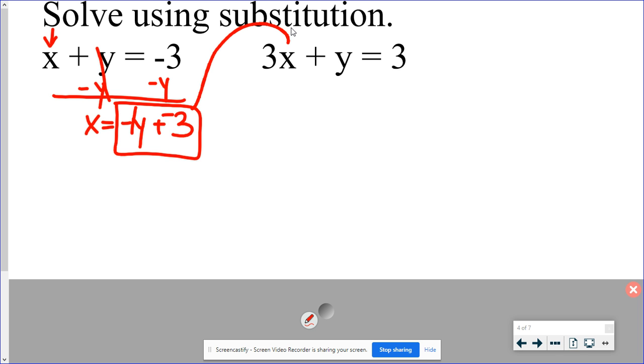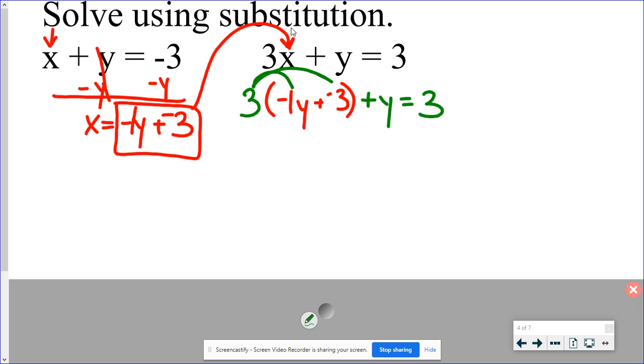That goes instead of the x. So I would have 3, and then instead of the x, I would put in that -1y plus a -3. And the rest of this equation was plus y equals 3.